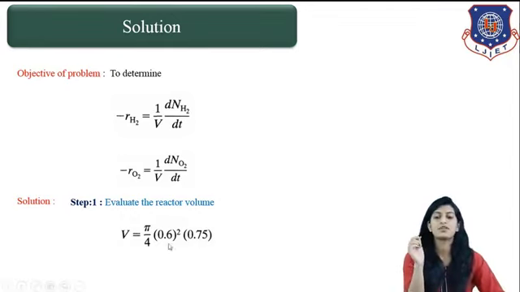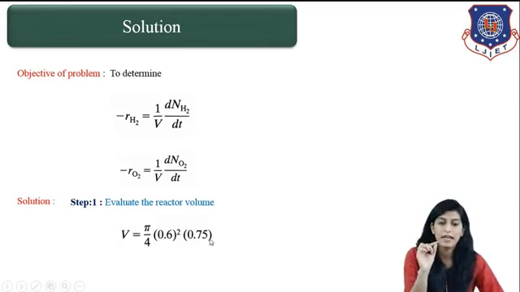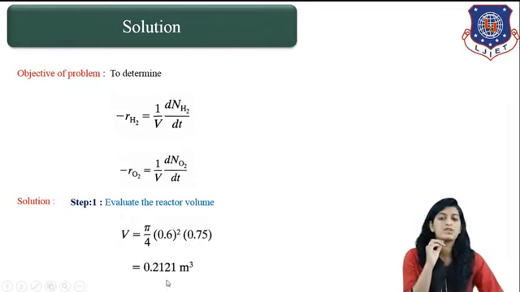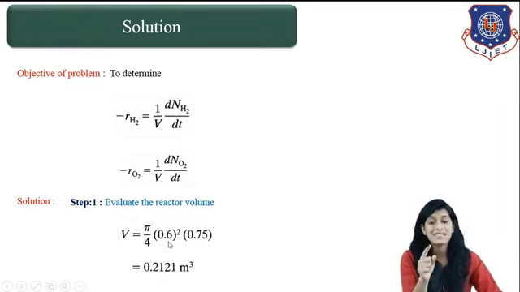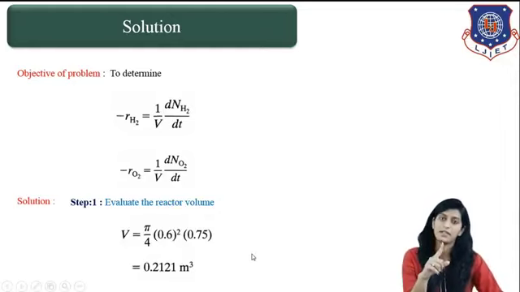So here, substituting the values, pi by 4, 0.6. Why? Because we have changed the unit from centimeter. So 0.6 square into 0.75. As you can see, I have changed it. It was given to us as 60 centimeter and 75 centimeter.